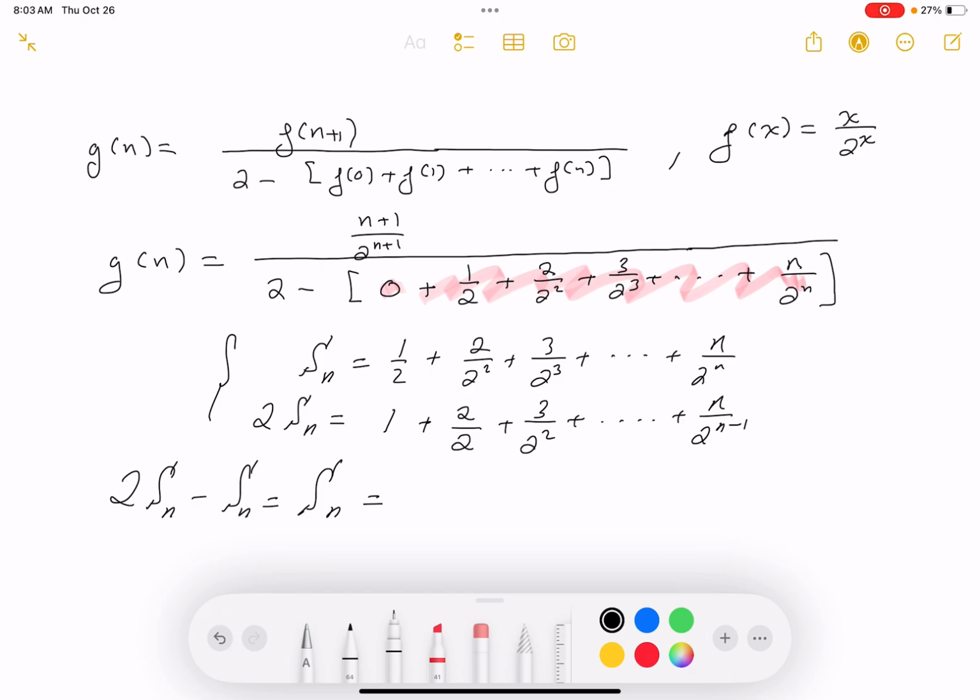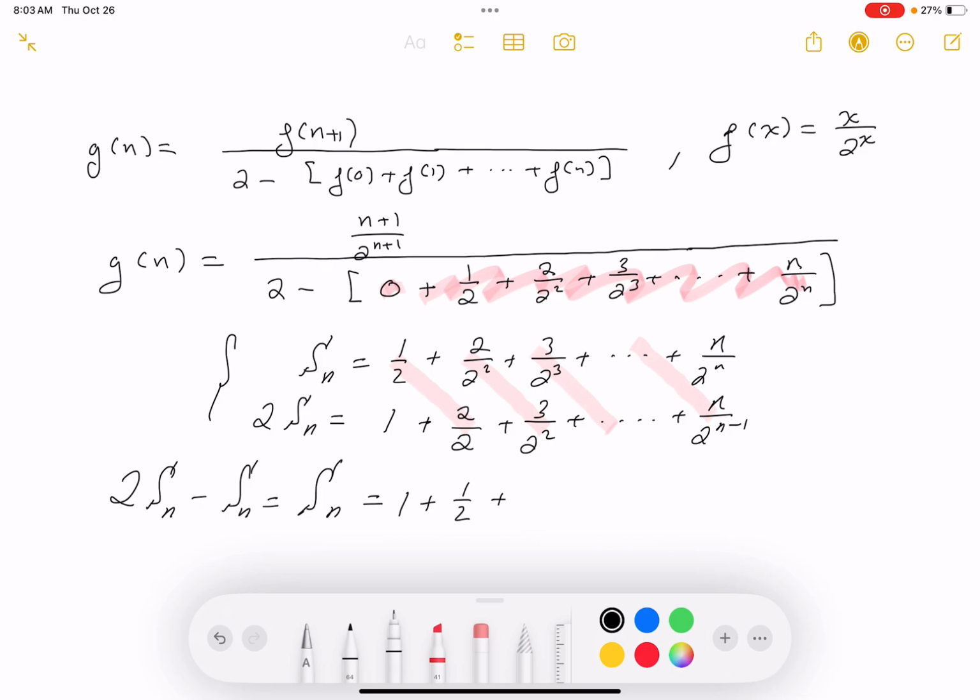Now, I want to know what Sn is, by the way. And looking at it, I'm noticing that it looks like there's some matchings over here. So, for example, I'm doing the subtraction in this kind of direction over here. And I notice a lot of things are going to, I'm not going to say cancel off, but get simpler. I want to write that down for you. So you'd get 1 plus, well, 2/2 minus 1/2 is 1/2.